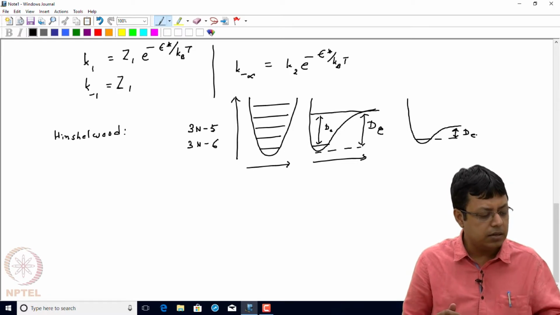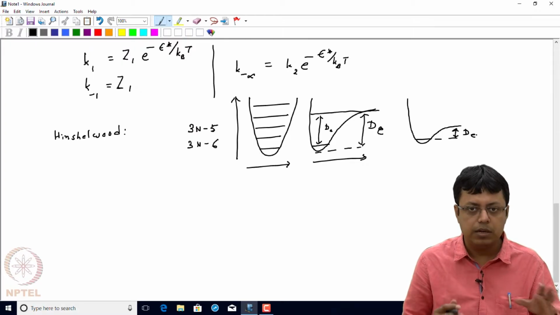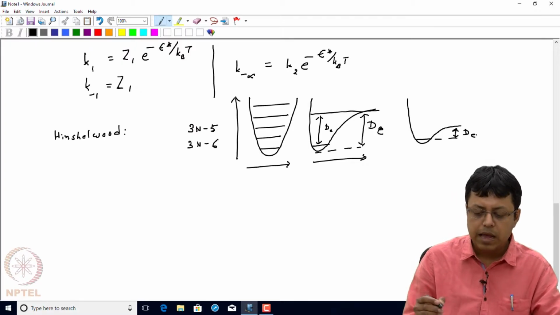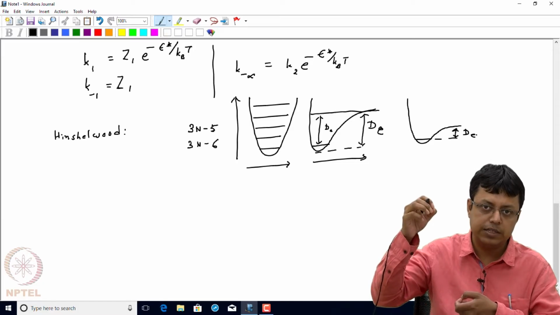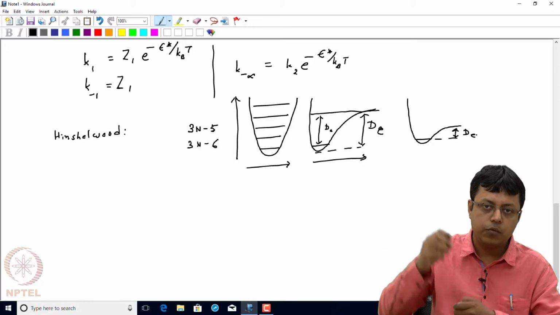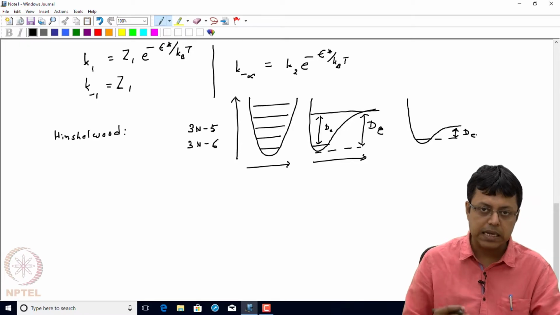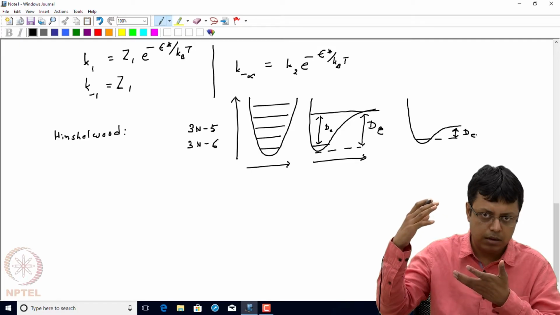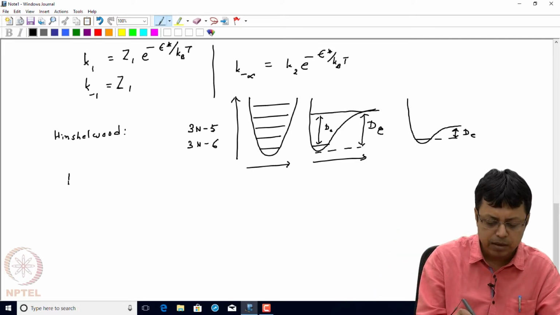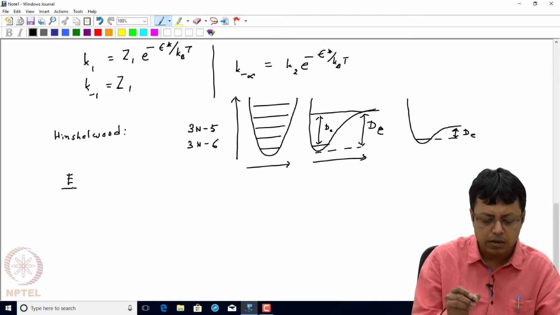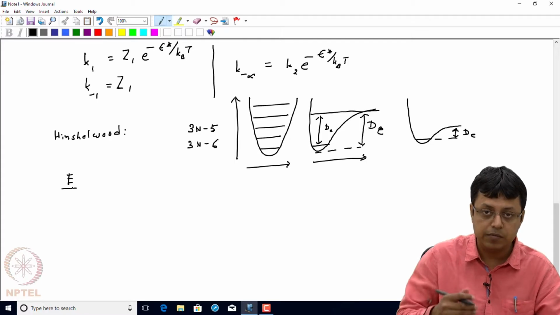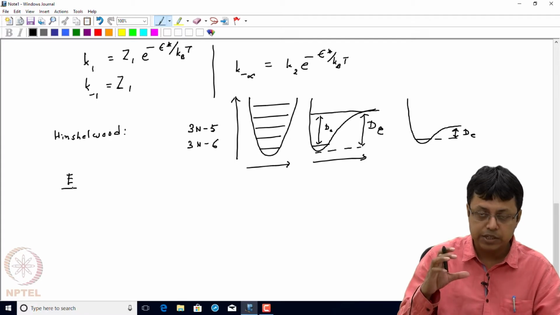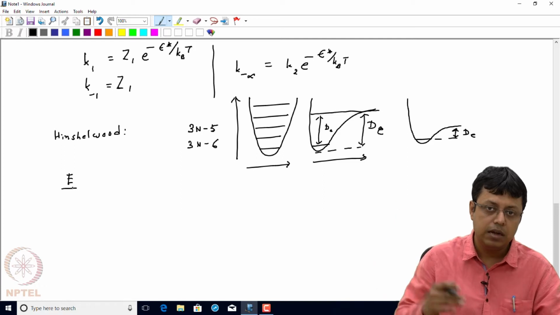And then Hinshelwood said, let us think about this problem where I have a fixed amount of energy, which is stored in the ester molecule. The question I am asking is how this total energy, let me call it E, where E is a fixed amount of energy, is partitioned among the different modes.